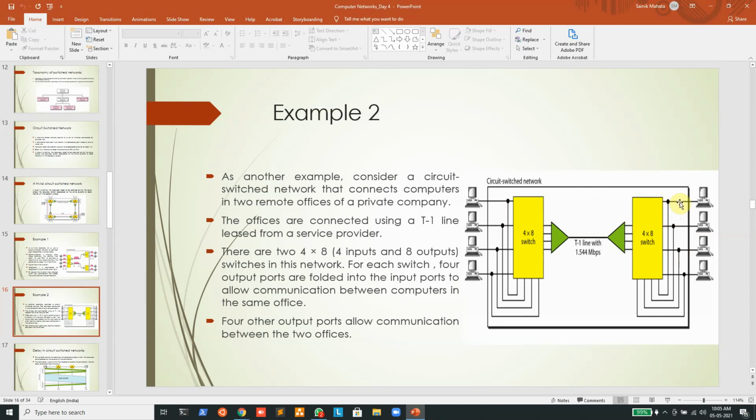The first 4 outputs will be given to these computers, and the next 4 outputs will be interconnected to all the computers. Why? Because we need interconnection between all these computers. So this is another example of how we can use circuit switching for communication between 2 offices.